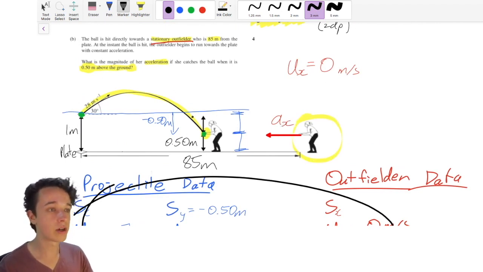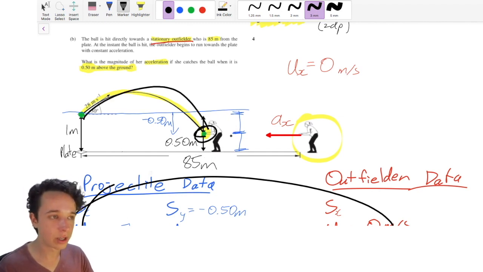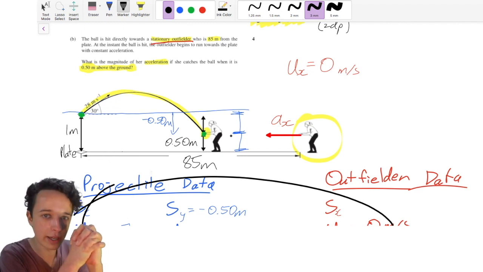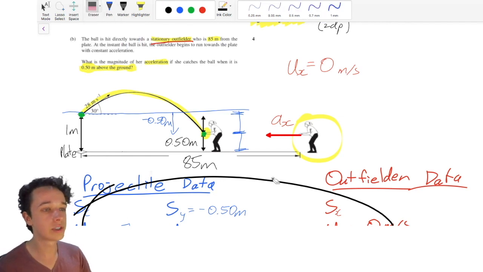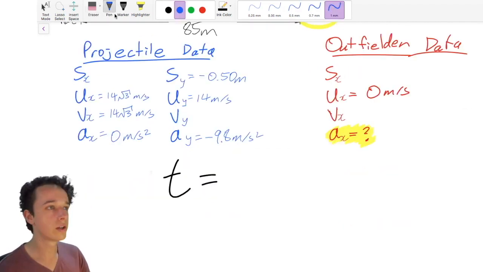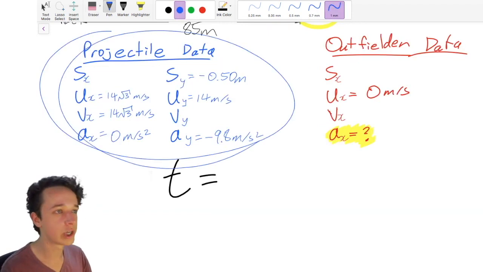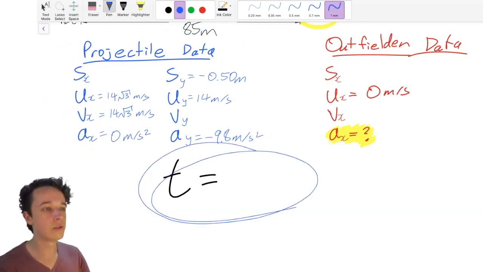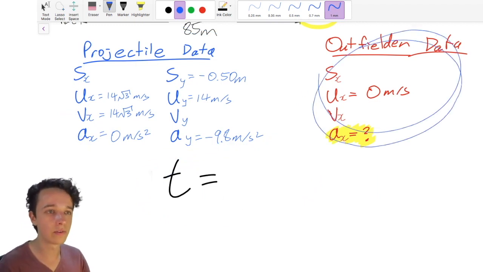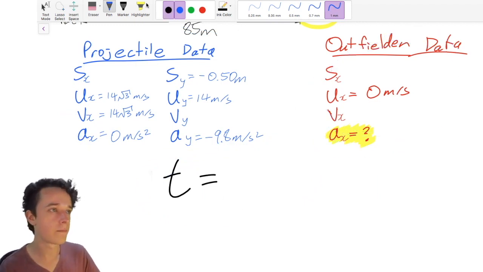And similarly, the time that the outfielder reaches this position here is the same time which the projectile reaches this position here. So time is kind of like the glue that's connecting these two pieces of data. Time is the thing that these two sets of data have in common. So we can use the data from the projectile here to find a value for time, and then we can use time in our calculations of things over here, right?